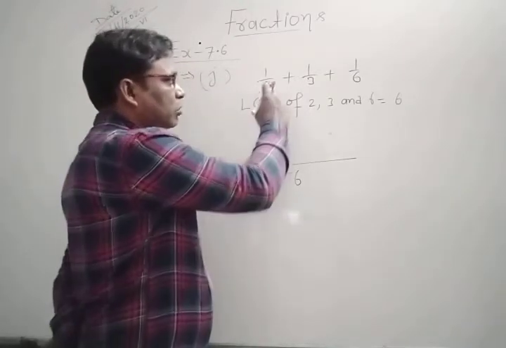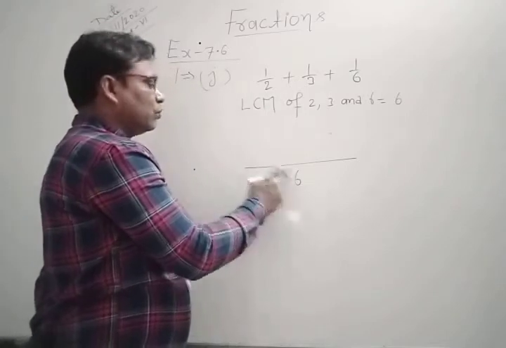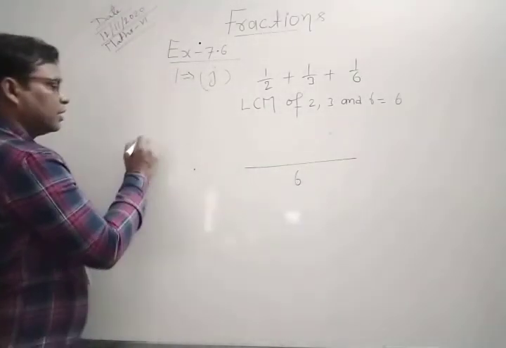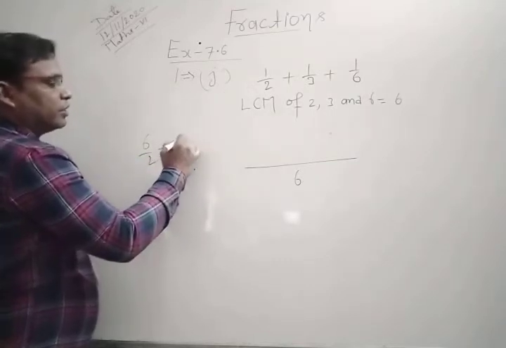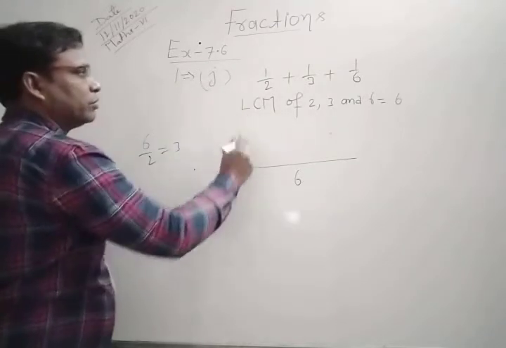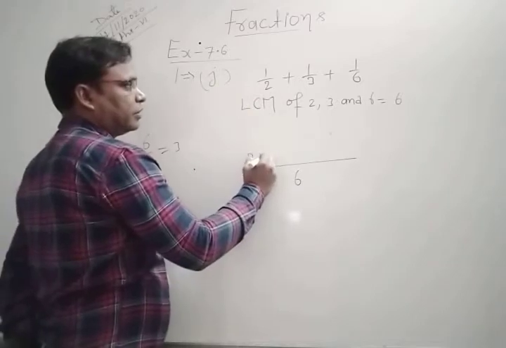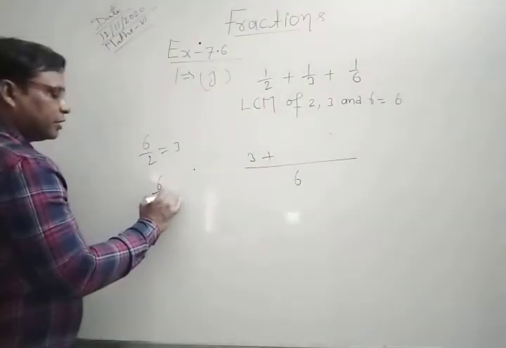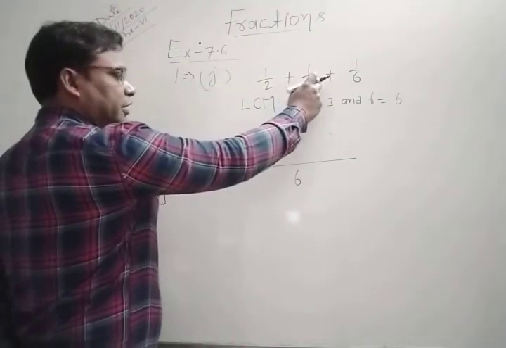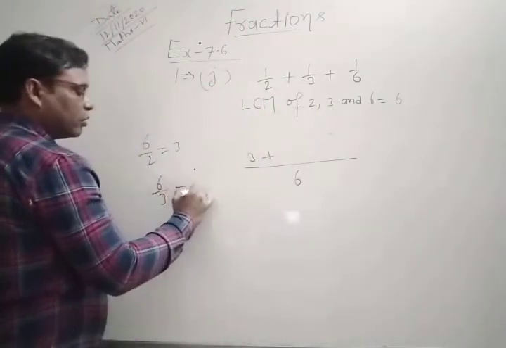Now if you divide this 6 by 2, you get 3. This 3 is multiplied by the numerator 1, so 3 ones are 3, plus. Again, 6 divided by the next denominator, 3, you obtain 2.